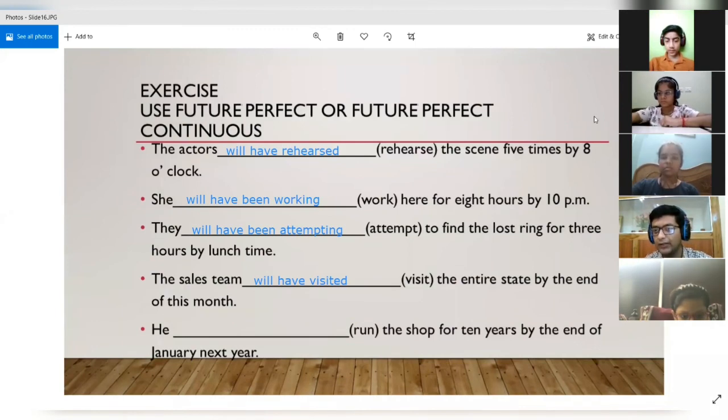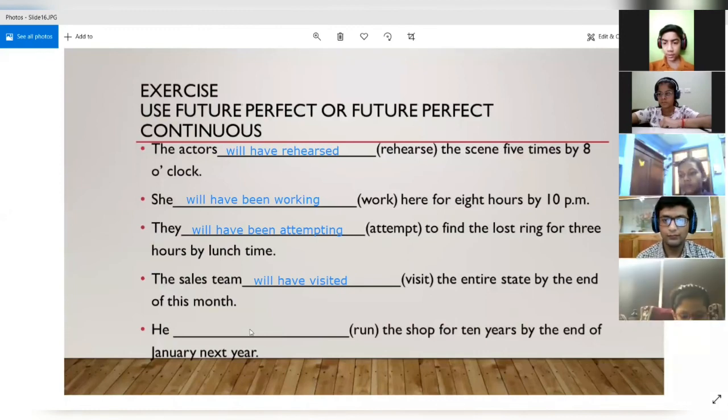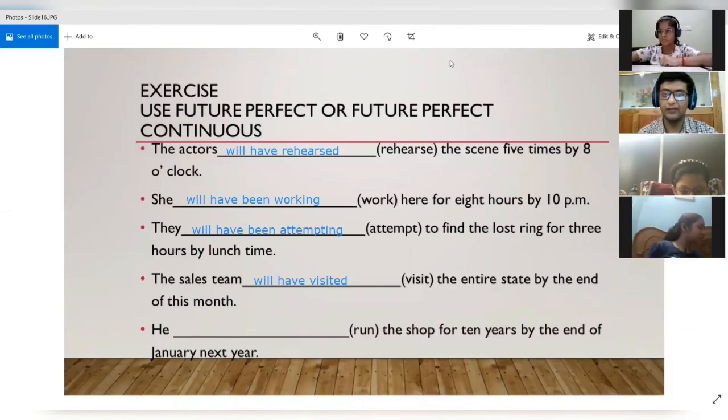Now, Muhammad Ali, you answer the last one. He will have been running the shop for 10 years by the end of January next year. Yes, he will have been running. You are correct.